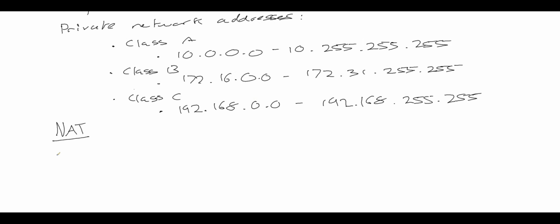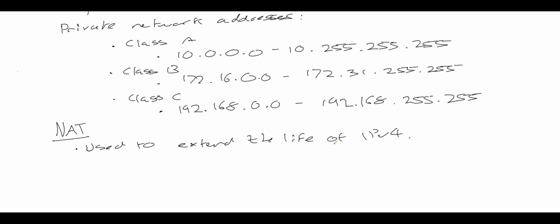Okay, so now I'm going to talk about NAT. What NAT stands for is Network Address Translation. It is a system that was introduced to overcome the shortage of IPv4 addresses, or to delay the need to bring in IPv6. So it's used to extend the life of IPv4. What it's basically allowing you to do is have one public IP address for a whole network.